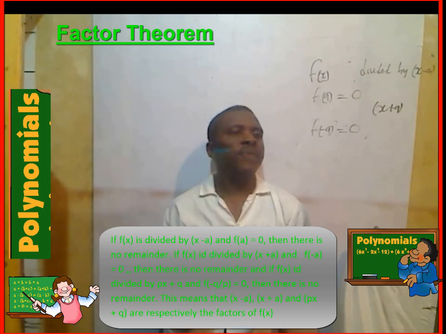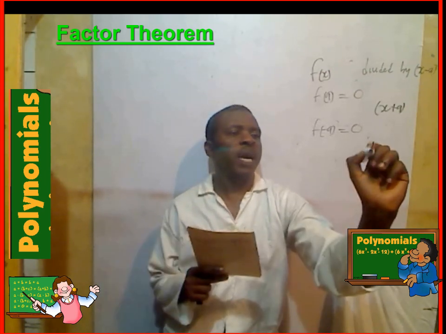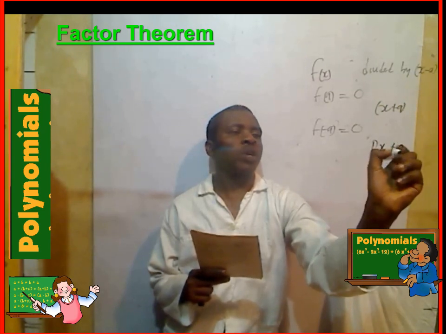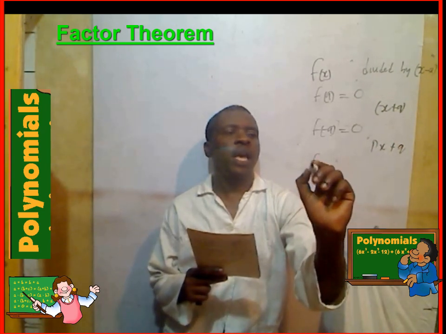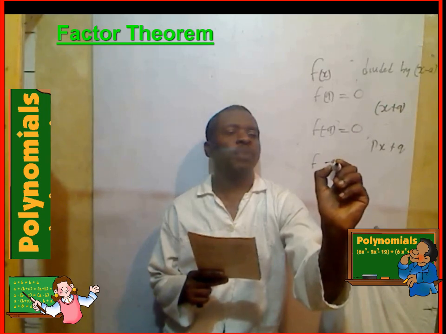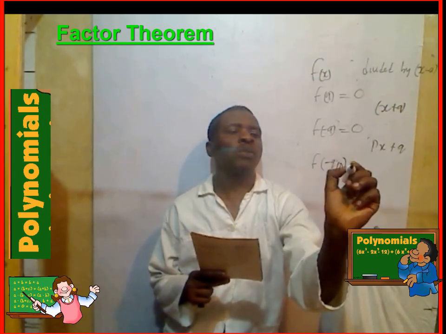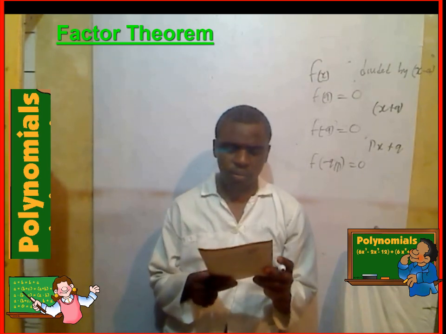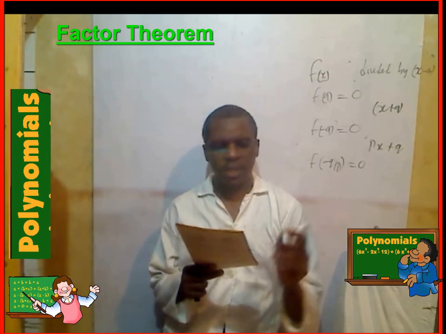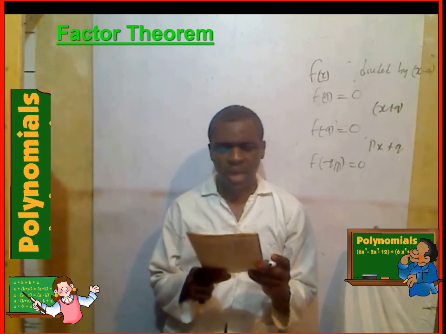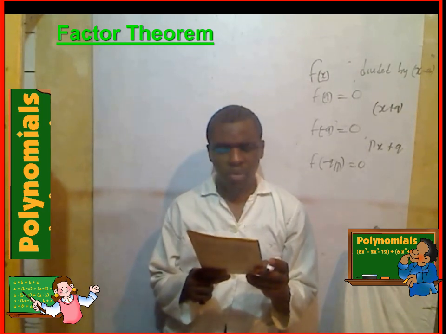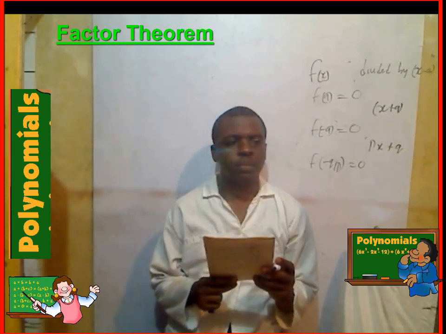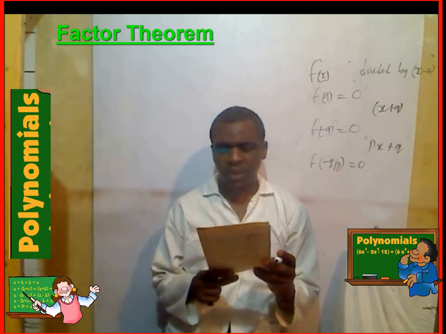And if f of x is divided by px plus q and f of minus q over p is equal to 0, there is no remainder. This means that x minus a, x plus a, and px plus q are respectively the factors of f of x.